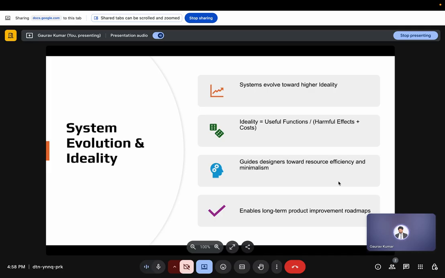By aligning design with evolution trends, we anticipate rather than react to change. So this reduces strategic risk. So TRIZ thus informs both concept moves and platform projections. Okay.